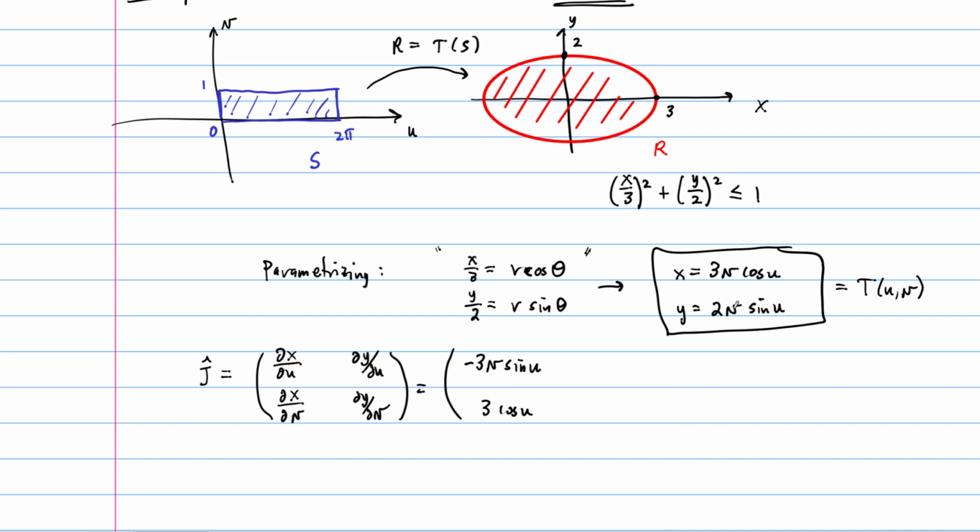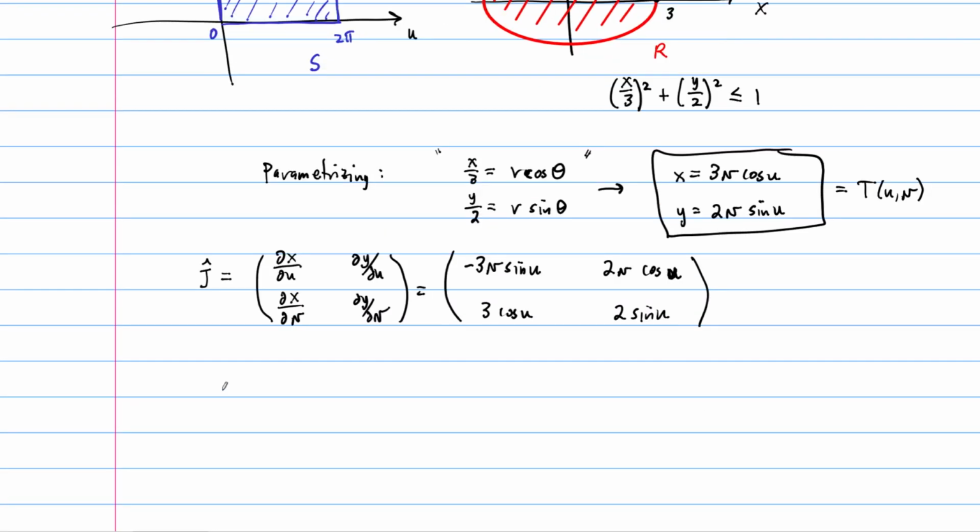And then we take the derivatives of y. So dy/du is going to be 2v cosine of u, and then the derivative with respect to v is 2 sine of u.